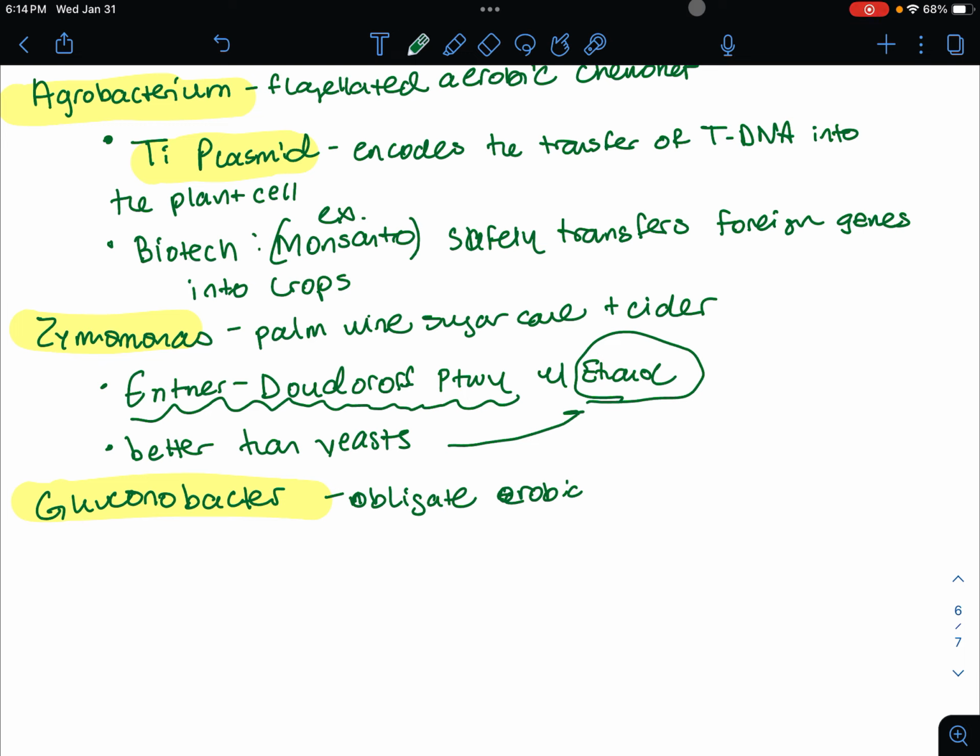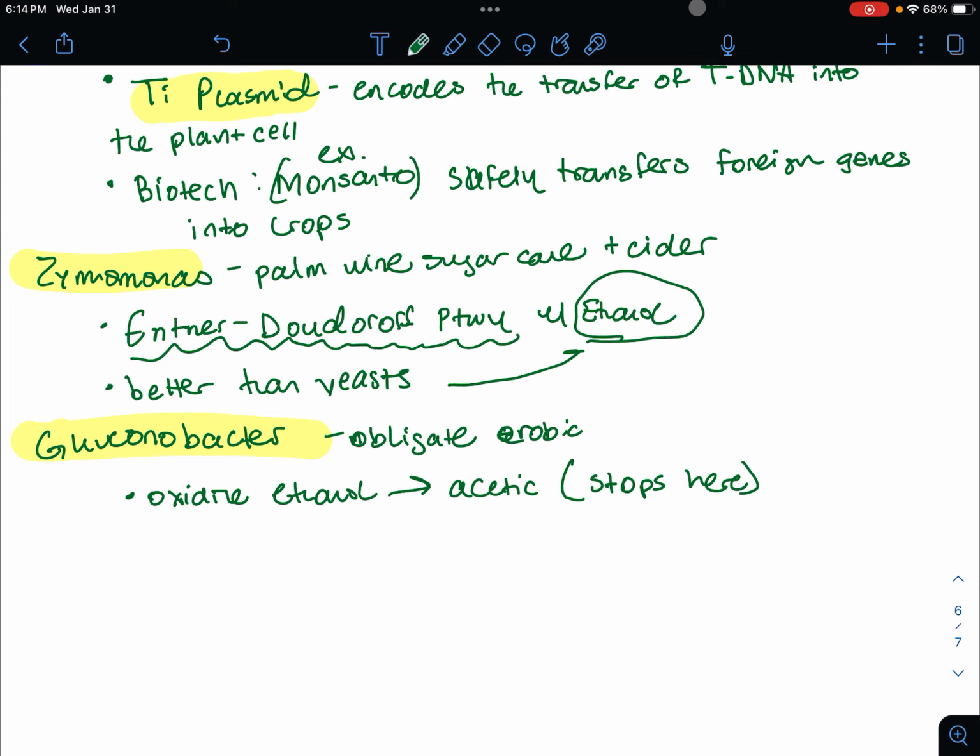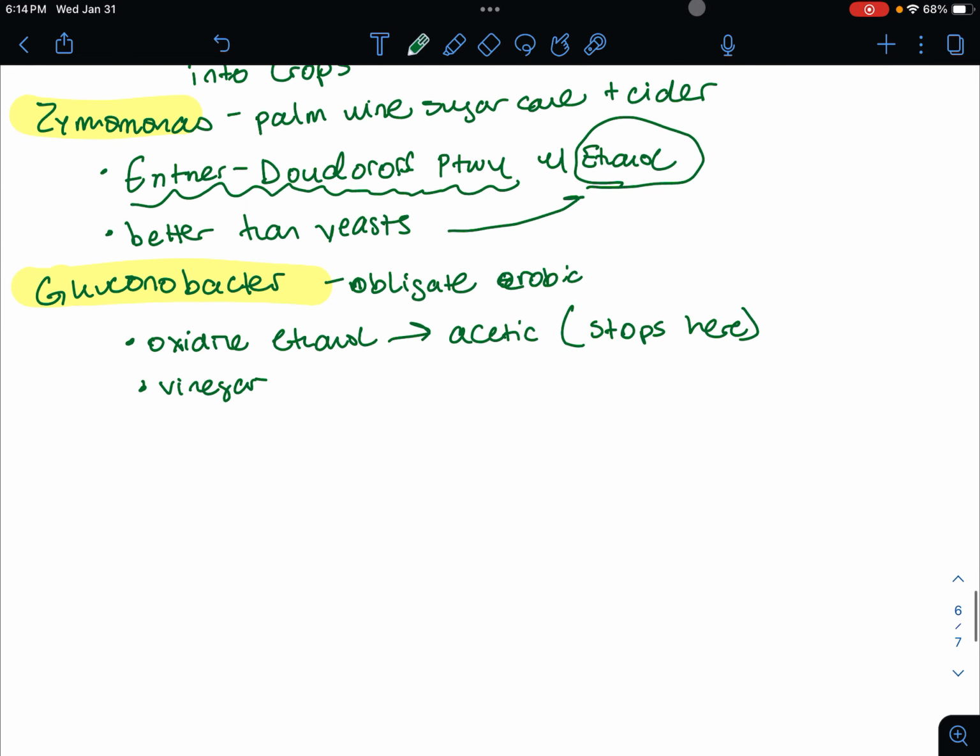They're going to oxidize ethanol into acetic acid. But it stops here. Doesn't go any further. We're going to be using Gluconobacter for vinegar production. Again, acetic acid is a component of vinegar.